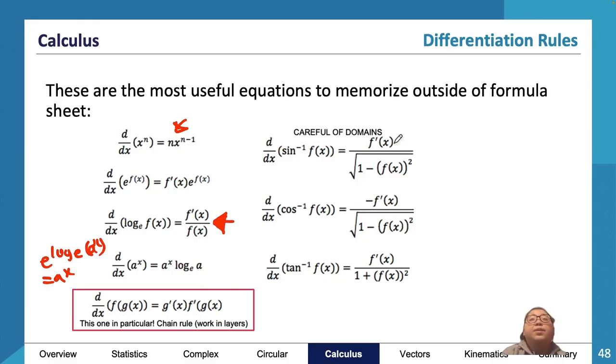These come from the chain rule combined with these functions. You diff the inside, which gives you f'(x), and cosine inverse and sine inverse are just negatives of each other, so you have negative f'(x), and then you square the f(x) at the bottom, keeping the function the same.